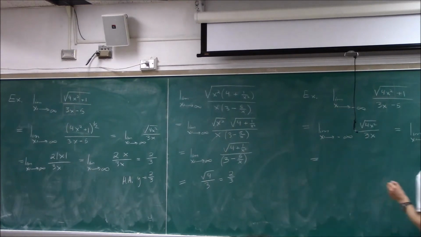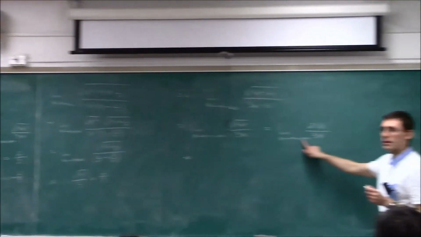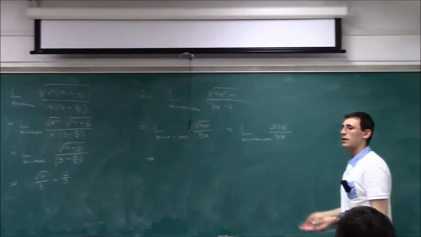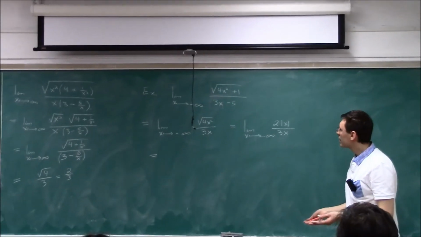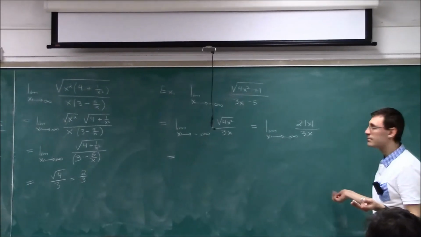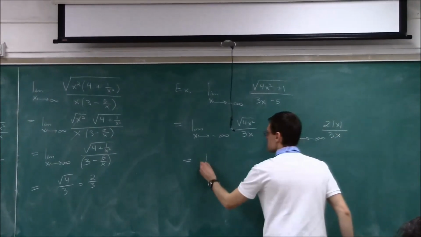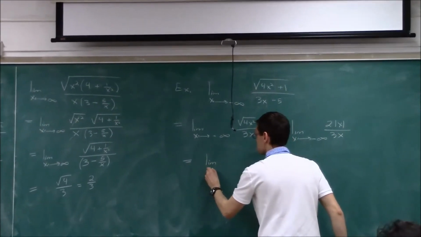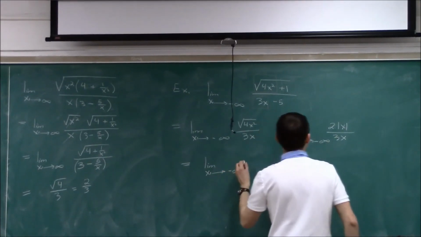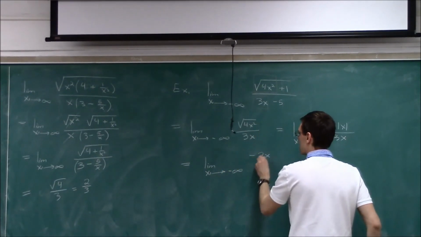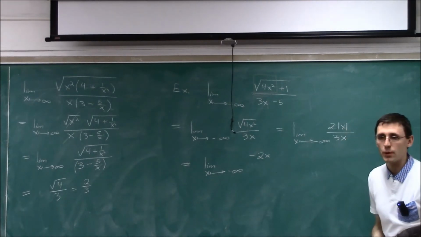In this case, how do I get rid of the absolute value? What do I write instead of it? x approaches minus infinity. x is therefore a negative number. So what I write is minus 2x, because this extra negative makes this x a positive.